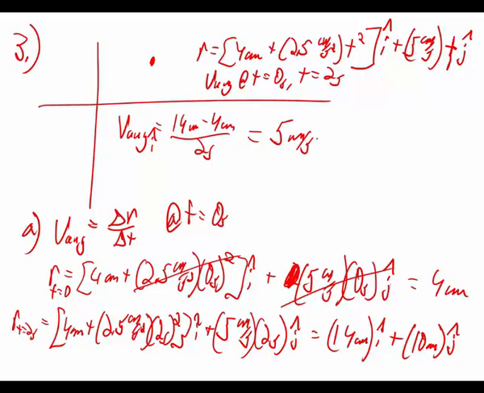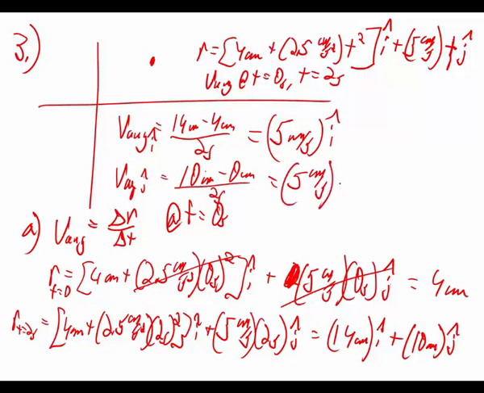And that's I. And then same thing for J. We got 10 centimeters minus 0 centimeters over 2 seconds. And we get 5 centimeters per second J, right? So technically we could write the average in component form.